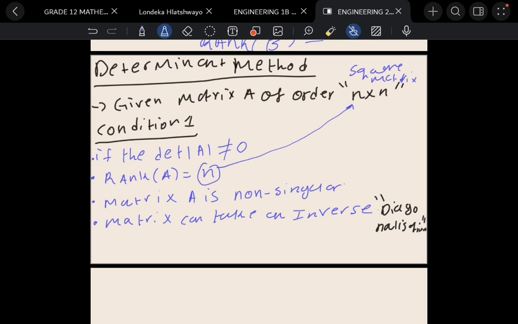We need to know what type of matrices you can take the inverses of. They are the matrices whose determinant is not equal to 0, right? So this is the first condition. If the determinant of A is not equal to 0, your rank automatically becomes n, which is the number of rows or the number of columns that you have. The matrix A is non-singular, and that matrix A can take the inverse.